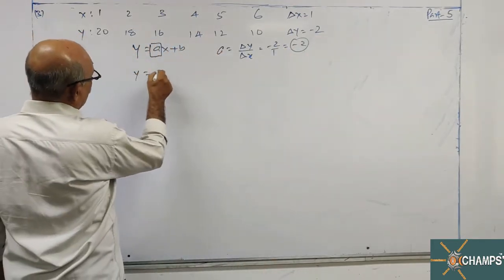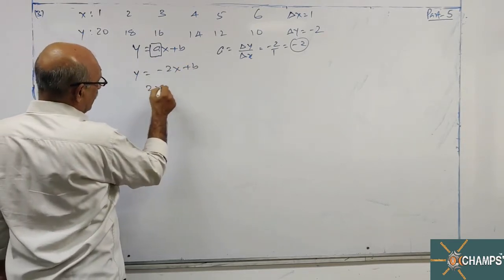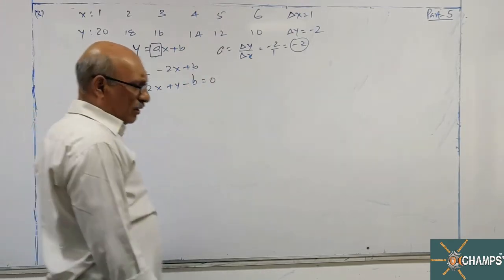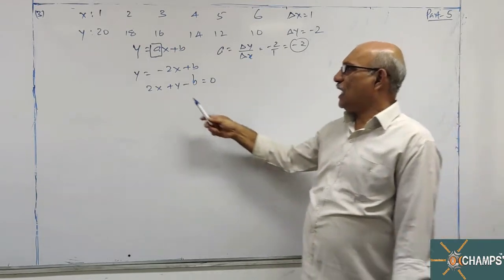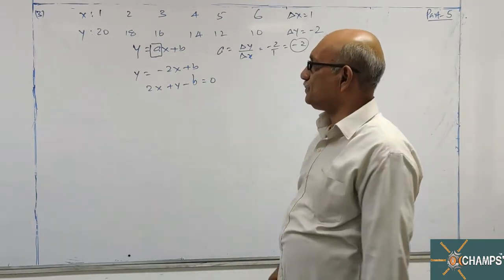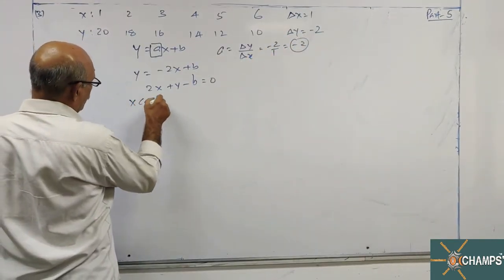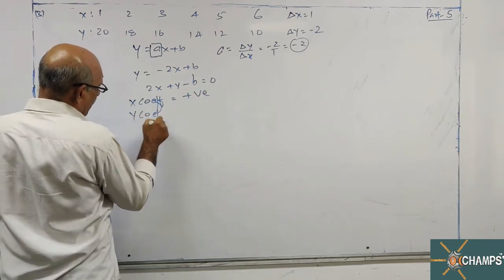So y is equal to minus 2x plus b. Bring all the values to the left hand side. It is 2x plus y minus b is equal to 0. Now x coefficient is positive, y coefficient is positive.